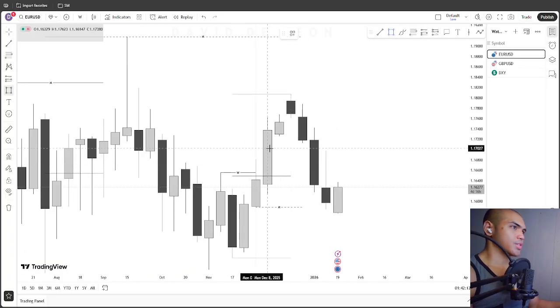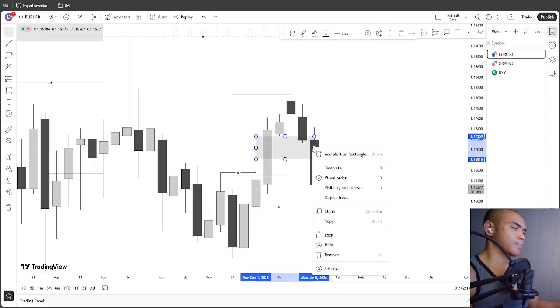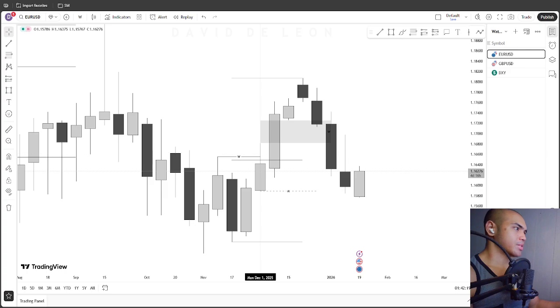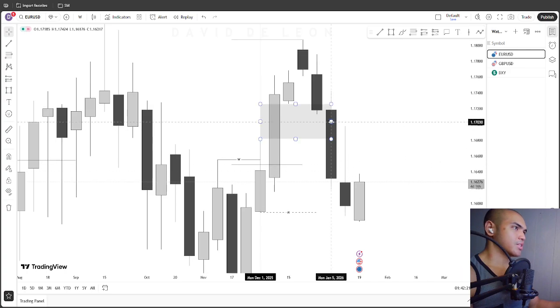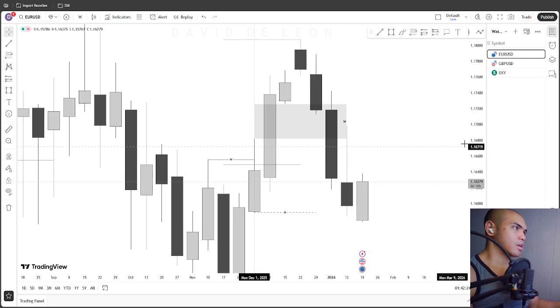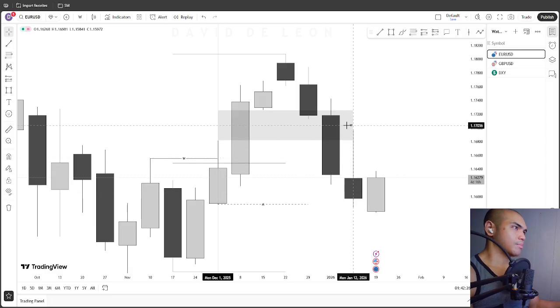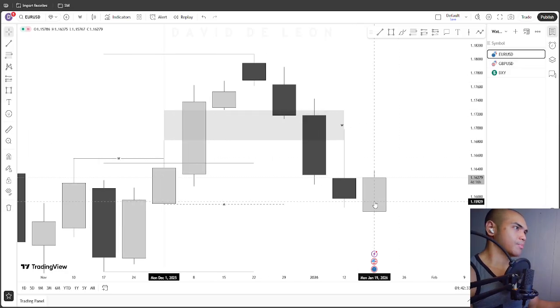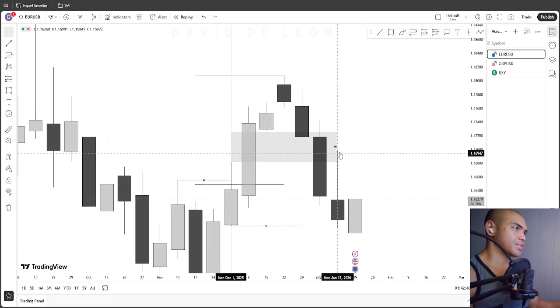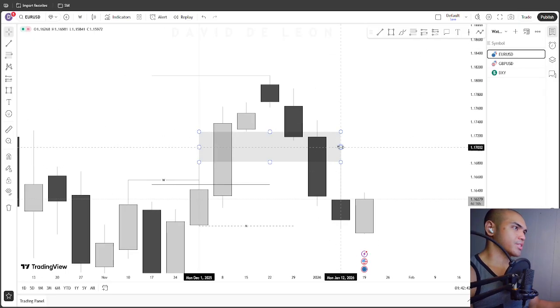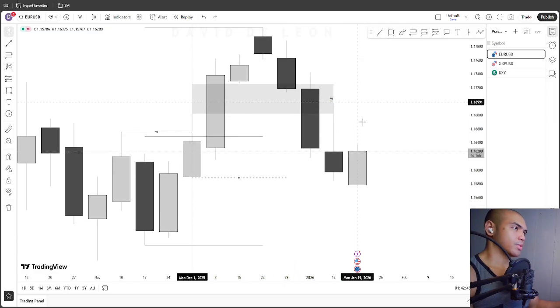I also noticed that we have a weekly bullish imbalance. If I extend this a bit to the right, you can see that this buy-side imbalance turned into sell-side imbalance, buy-side inefficiency. And on the second week of January, price respected this zone.